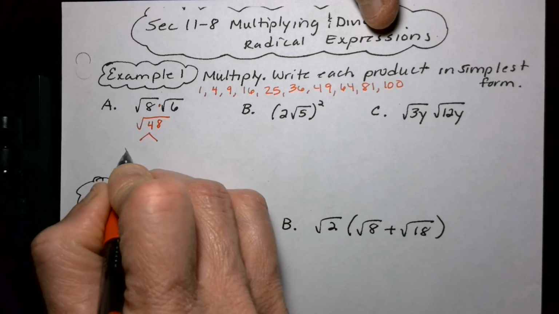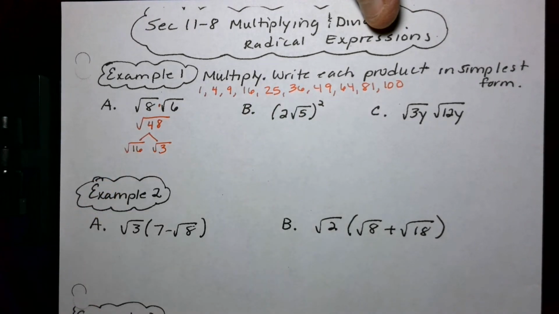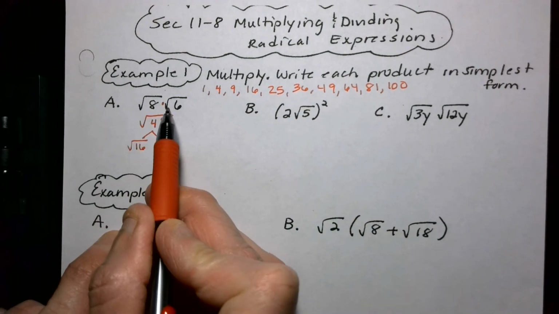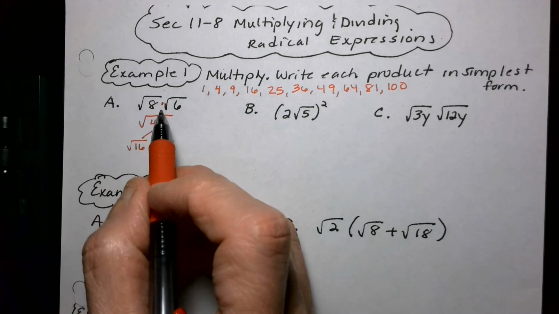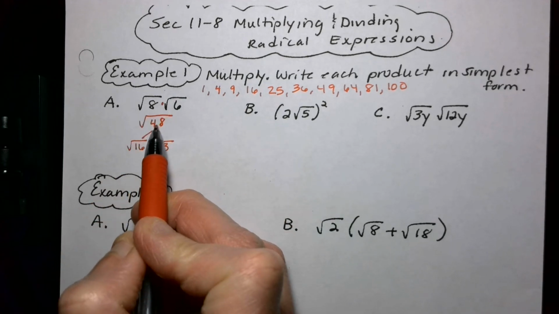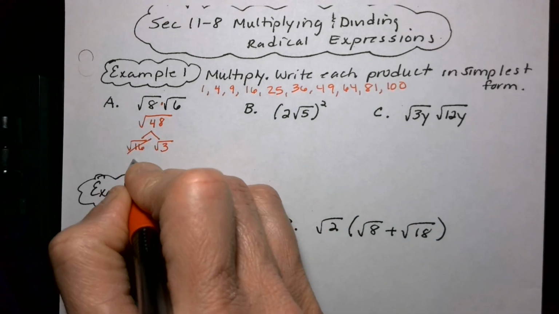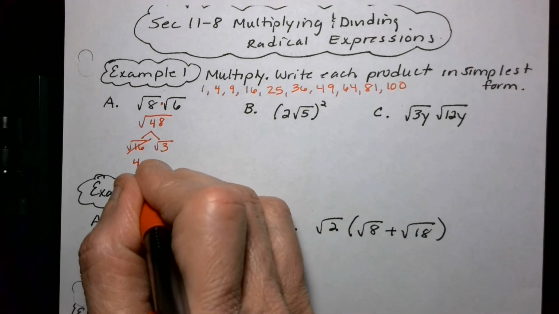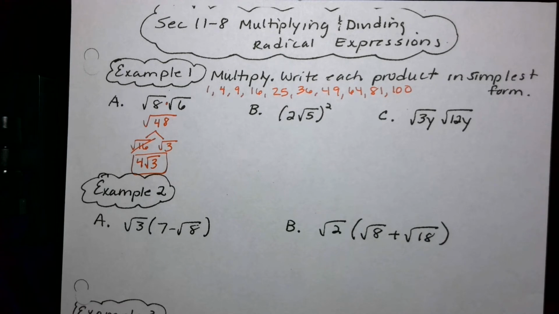So I can rewrite this as the square root of 16 and the square root of 3. Now we wouldn't be able to get here from here. I mean, you can, but it's a little bit longer. So it's kind of weird, I know, because you multiply only to break it apart again. But the reason is square root of 16 is 4, and the square root sign is all gone. And square root of 3 doesn't reduce, so there's your answer.